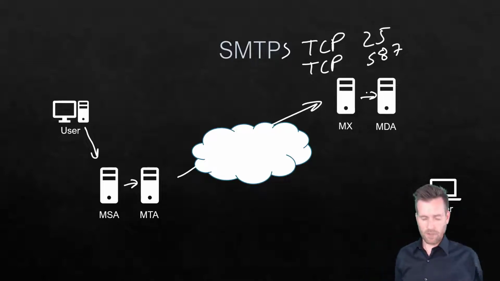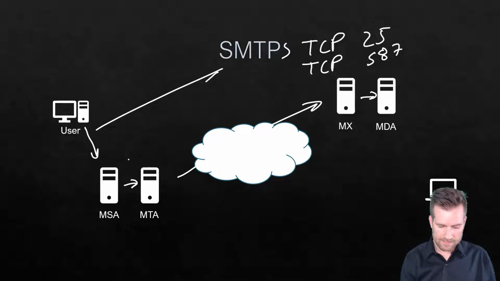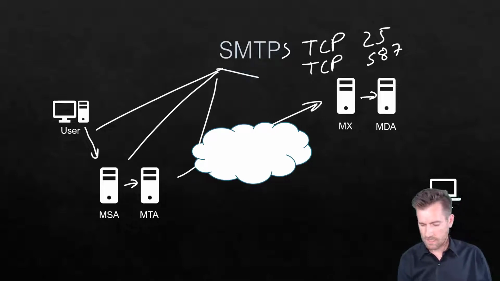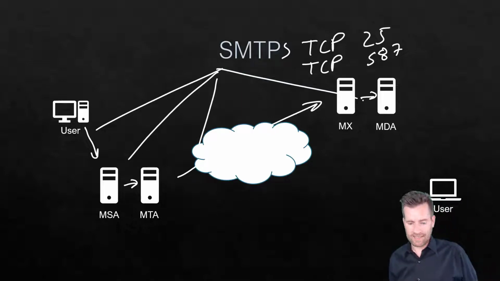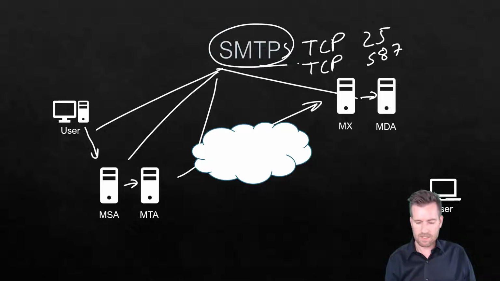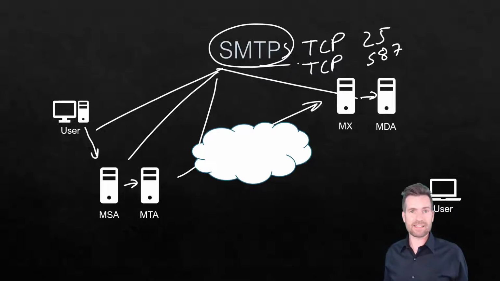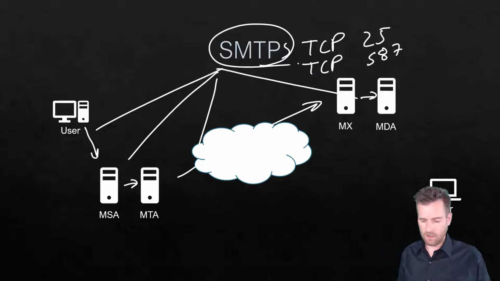So all of those use SMTP or SMTPS for transferring that data. Once again, we usually like to use SMTPS, but there are still some servers out there that use SMTP, so a lot of servers will still accept mail through SMTP.